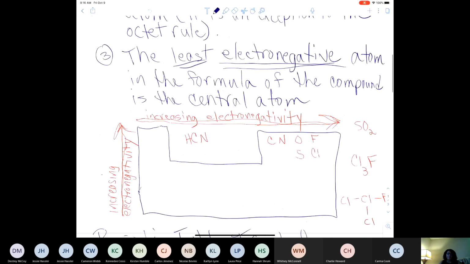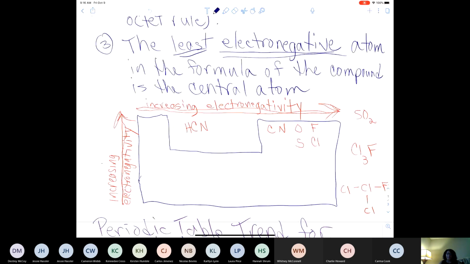And that is, consider the electronegativity of the atoms that make up the formula of the compound that you're drawing the Lewis structure for. Electronegativity is a property of elements that means how strongly that element will draw electron density in a bond towards itself.